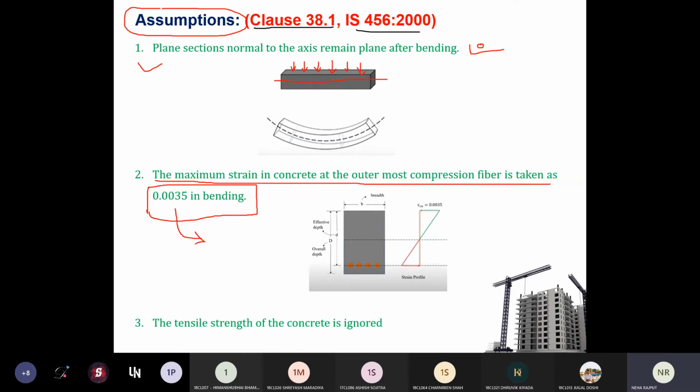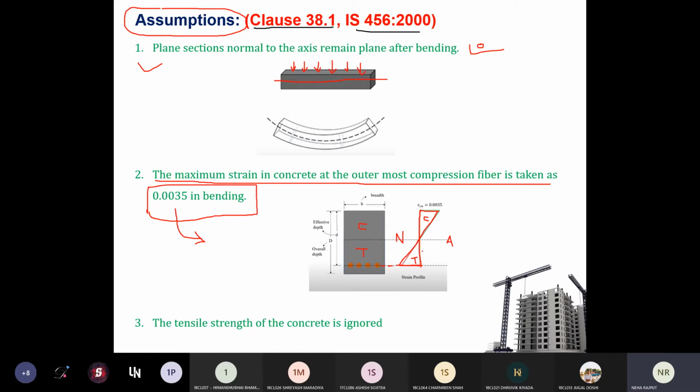If you remember the strain diagram, as I explained earlier, it is a linear kind of diagram. This way you can draw the strain diagram for the concrete, right? This is the neutral axis which will divide the compression zone and the tension zone, and you need to extend your strain diagram up to the center of the circular reinforcement bar only.